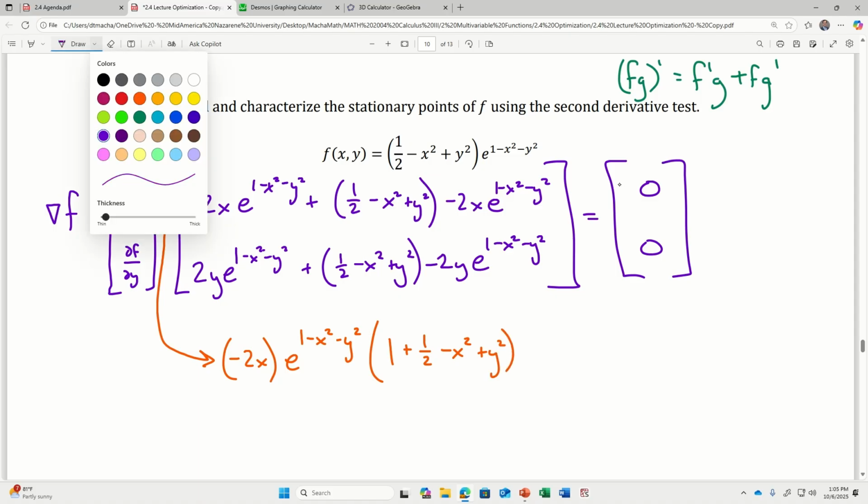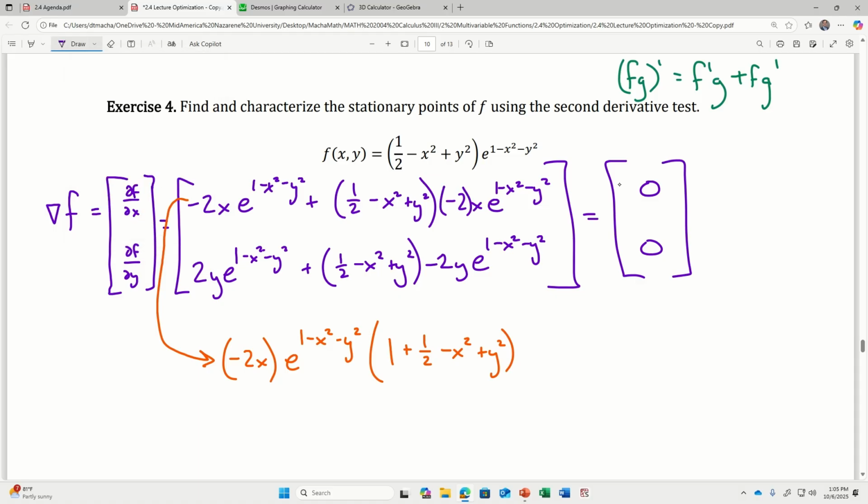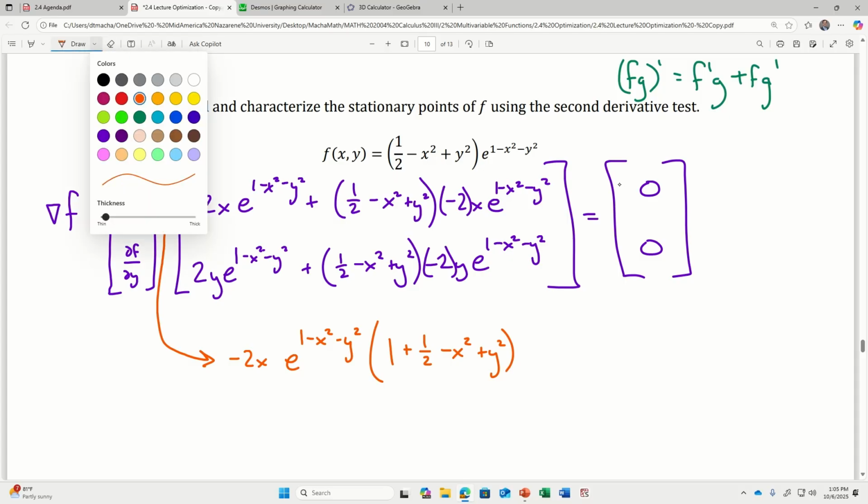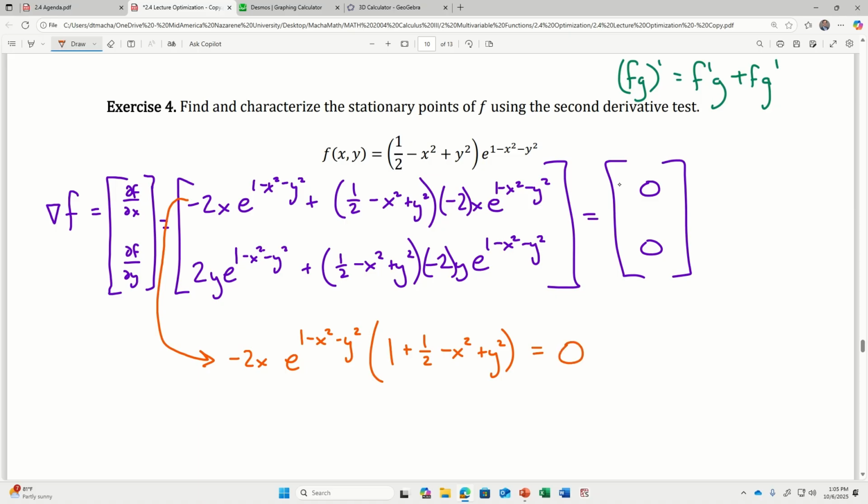And by the way, these minus signs are not supposed to be subtracting. When I wrote those down, I was multiplying, so beware of that. And then this is supposed to be equal to 0.